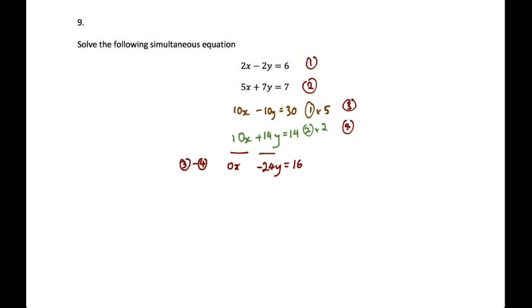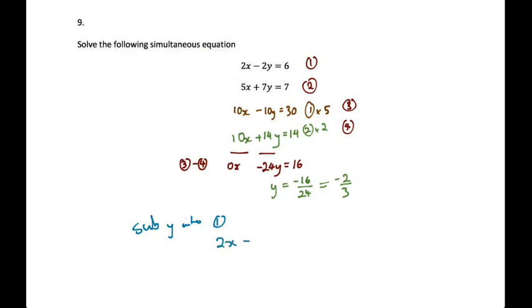From here, negative 24y, well, that means that y is going to be negative 16 over 24. Simplifying this fraction leaves you with negative 2/3. So y is negative 2/3. We can now sub y into, I don't know, equation 1 looks nicer.